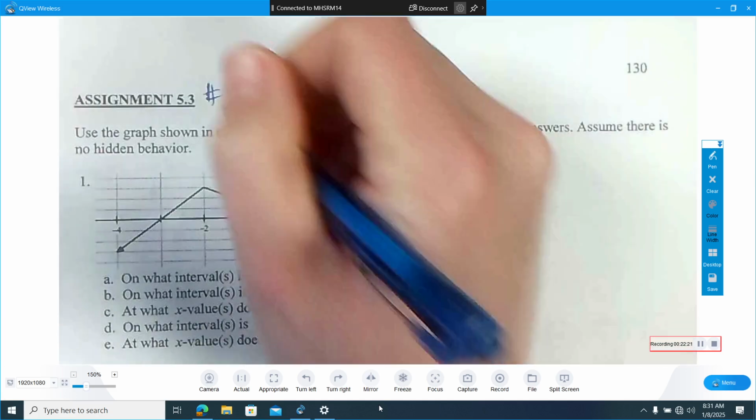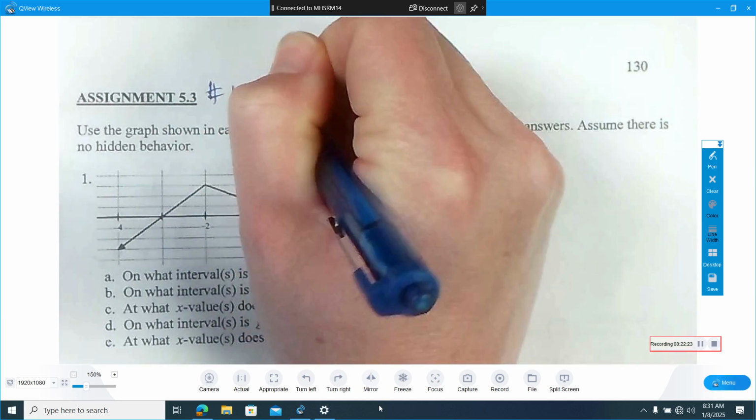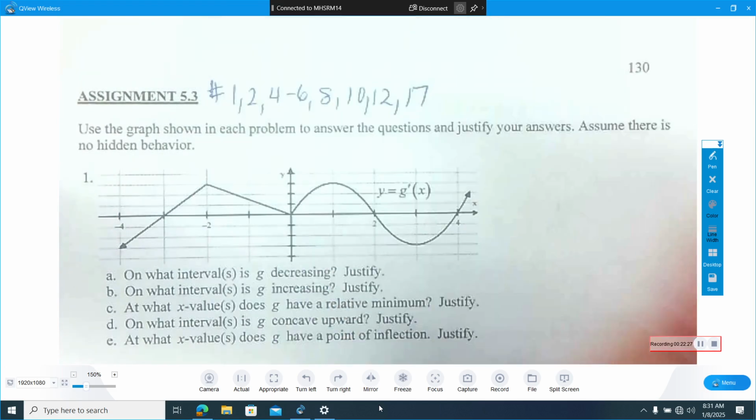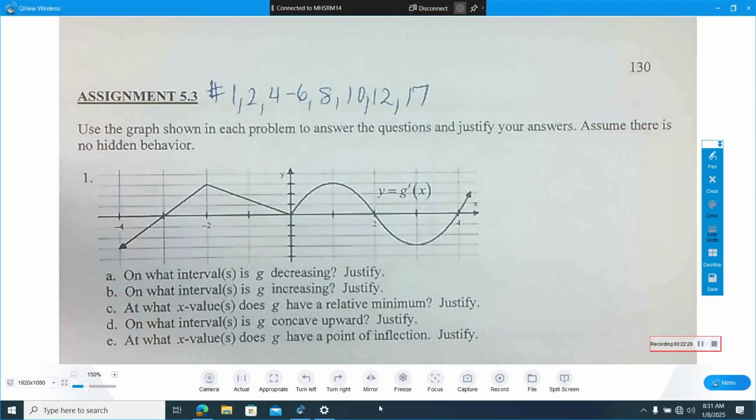So here we have assignment 5.3, 1, 2, 4 through 6, 8, 10, 12, and 17. Again, a lot of review in there. Check your answers in the back of the book for sure.